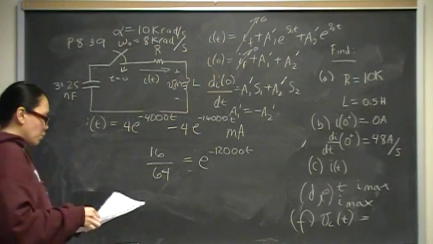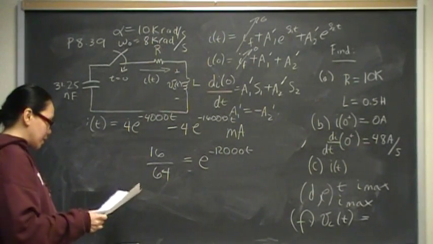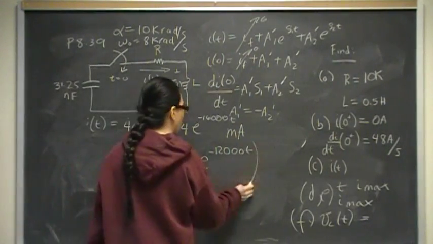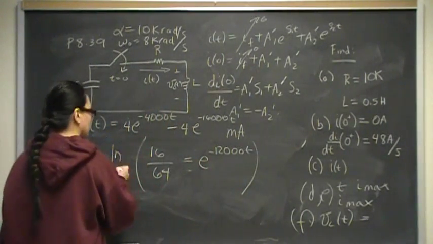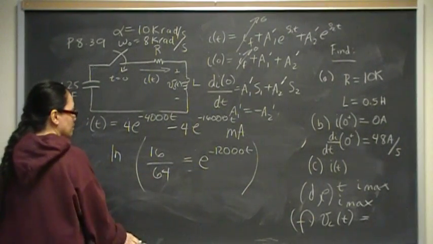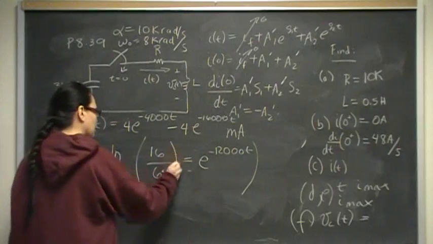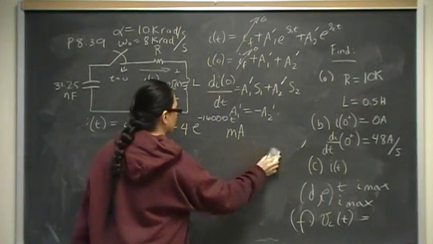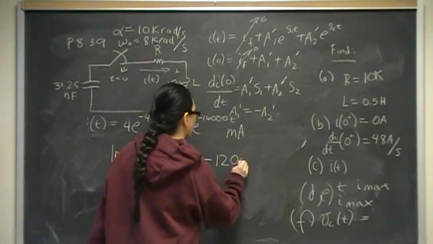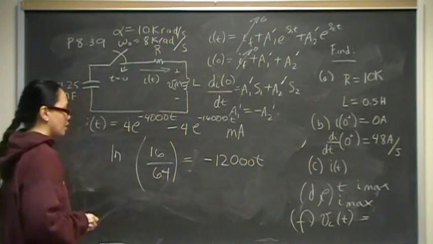So now we need to bring the t down and solve for t. That means we take the natural log of both sides of the equation. That will bring the exponent down and give me negative 12,000 t.